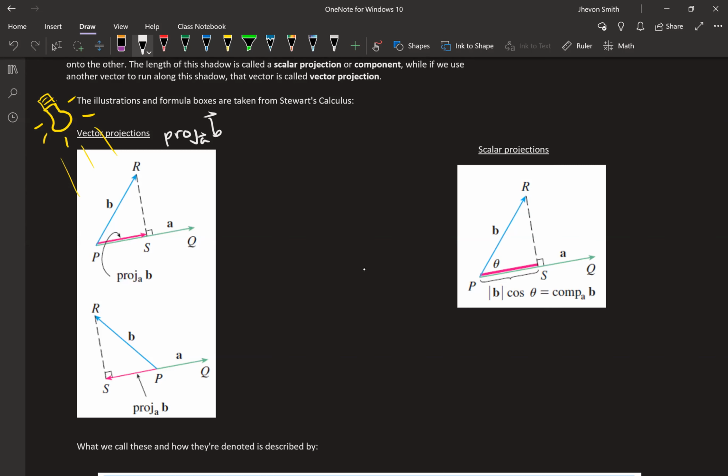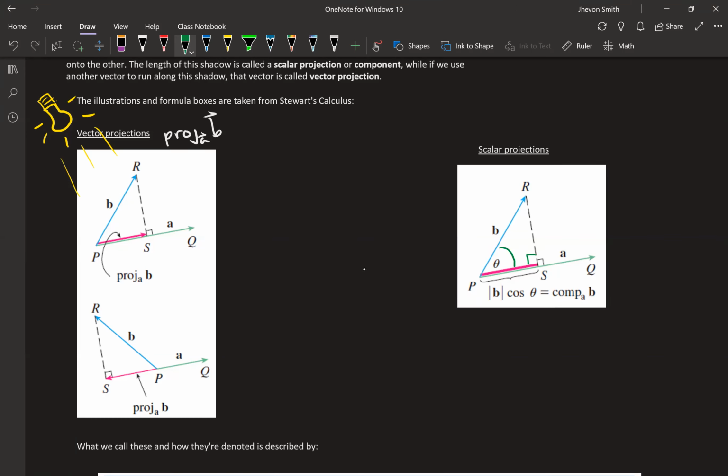That's the notation. Then if I only mention the shadow and I measure the length of the shadow, then that is called the scalar projection of B onto A. Now, of course, with trigonometry, if I have this angle here, and this is a right triangle, I can figure out that the length of the base here is just going to be the magnitude of B cosine theta, right?